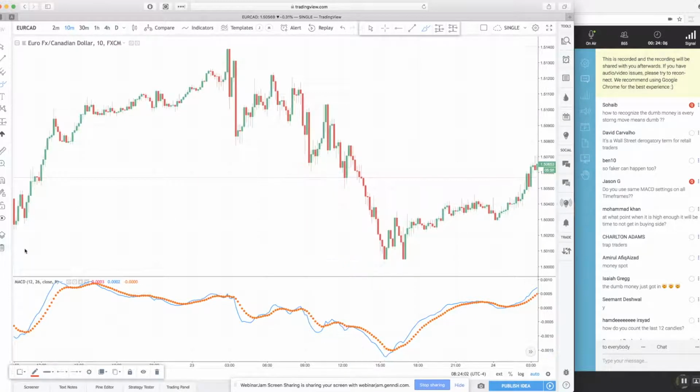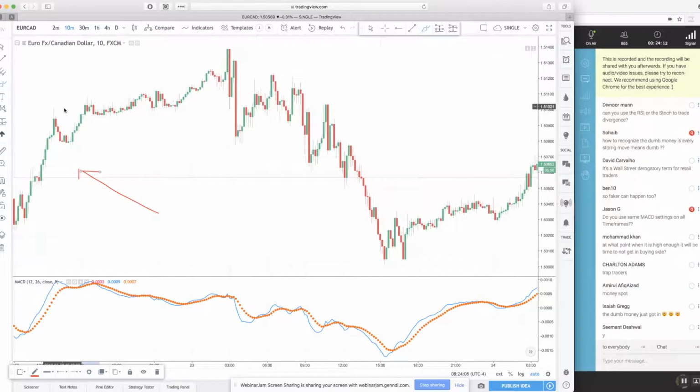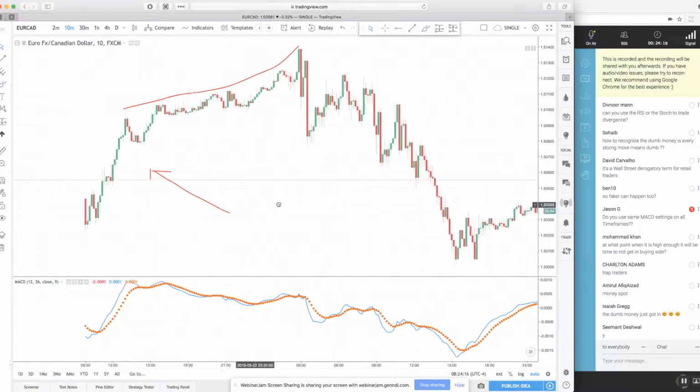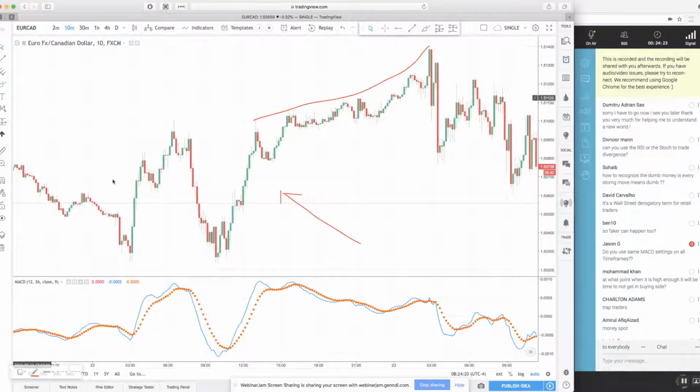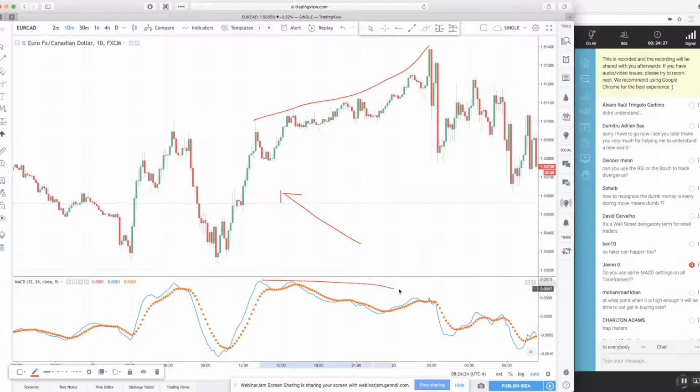Now, on the other hand, if you take a look at it slightly earlier in this uptrend that was coming in, here are your highs getting higher and higher. Now, on your MACD, what's going on here? Do you see a divergence happening? Where's your highs?